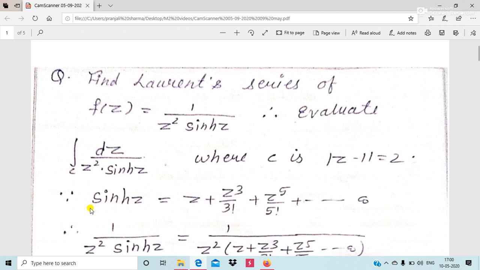First, we know that the series of sinh z is equal to z plus z cube upon factorial 3 plus z to the power 5 upon factorial 5 and so on up to infinity. So this is the series of sinh z.